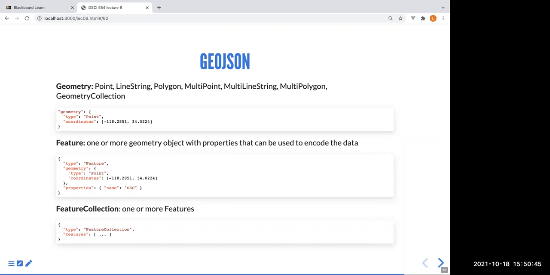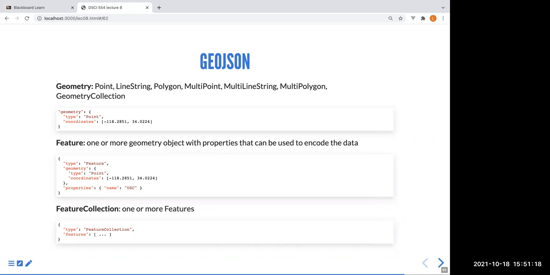The features that have a geometry, such as the one we just discussed, are of type Feature, obviously, and then you can also associate properties. With the properties, you can put whatever you like in there. Here we've added a name, UFC, but you can encode your data in there if you need to. And then you can also group features together in what are called feature collections, so one or more features together.